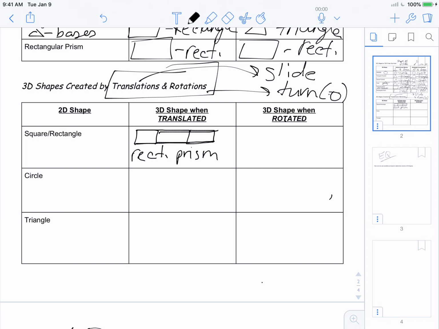If I have a rectangle and I rotate it, I turn it, that's going to give me a cylinder.